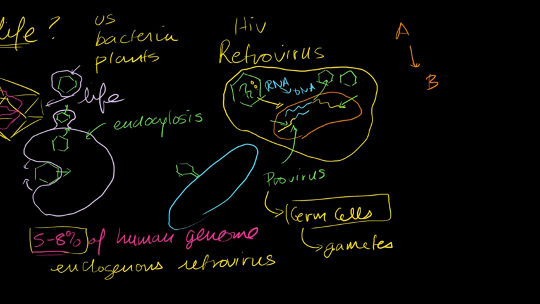Sometimes when it codes, it takes up little sections of the other organism's DNA. So maybe most of it was the viral DNA, but when it replicated itself, it might have taken a little bit of the organism's previous DNA.